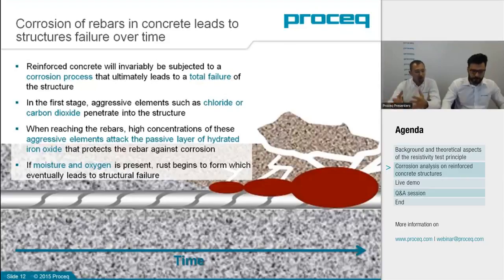So everything is fine until over time some aggressive agents, and we're speaking about carbon dioxide, something we cannot avoid having in the environment, will permeate through the cover and will destroy the natural ability of the concrete to provide protection to the steel.